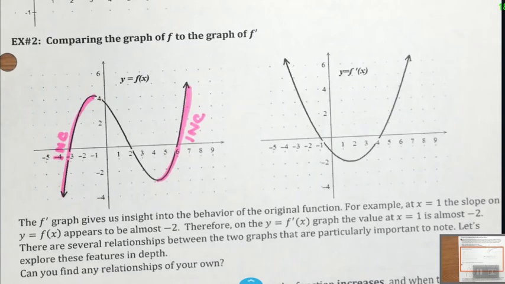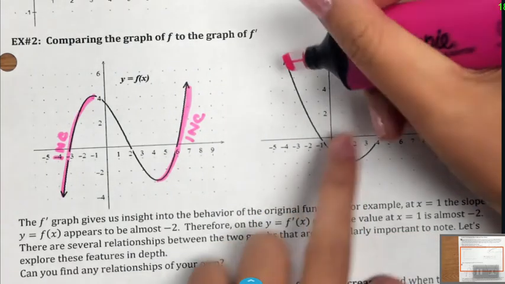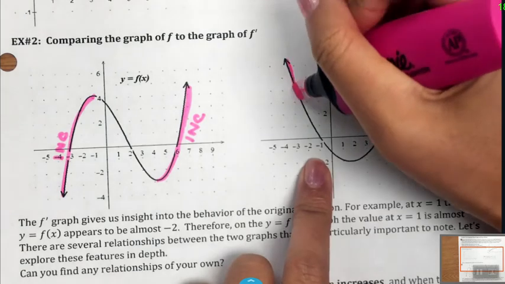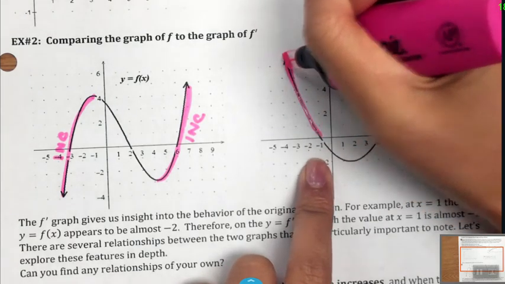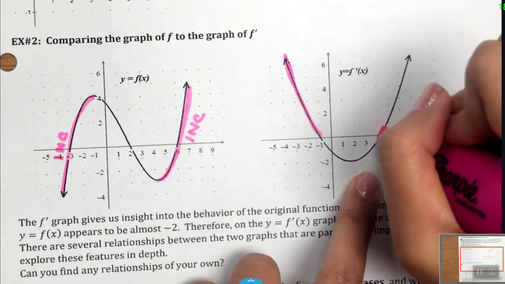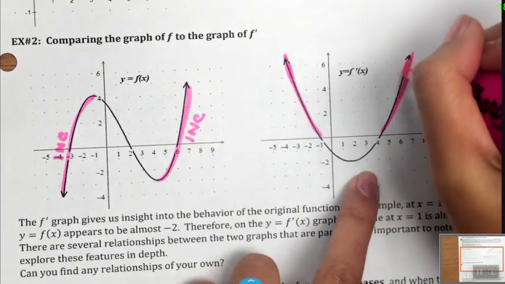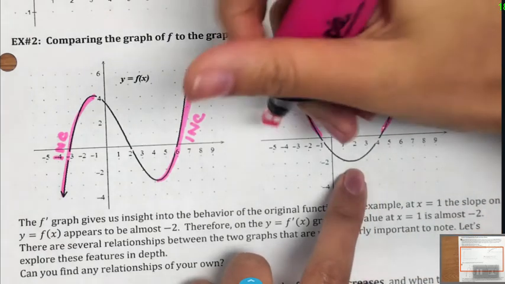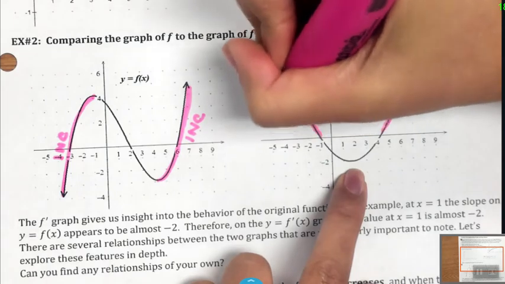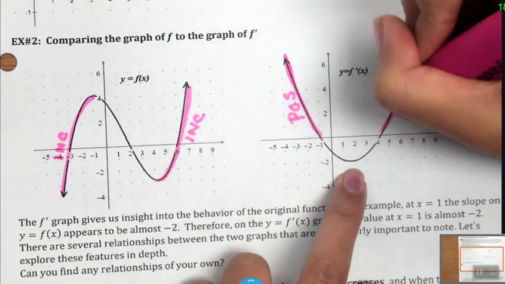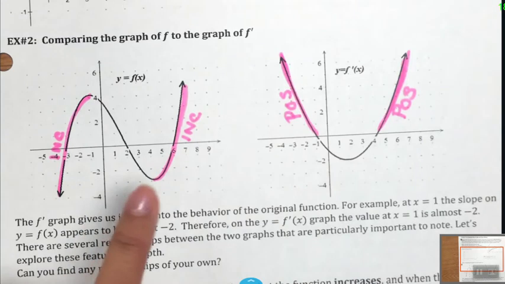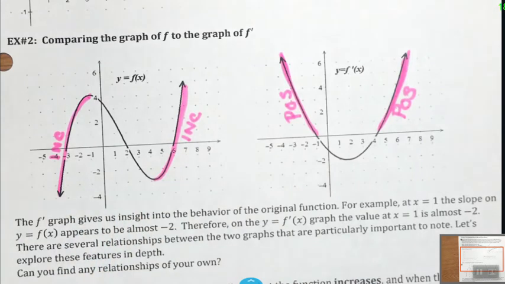So if f of x is increasing, then you could say that the slope is positive, which means f prime of x should be above the x-axis. Yeah, positive. So from 4 to infinity and from negative infinity to 4, your first derivative is positive if your original is increasing. You see?